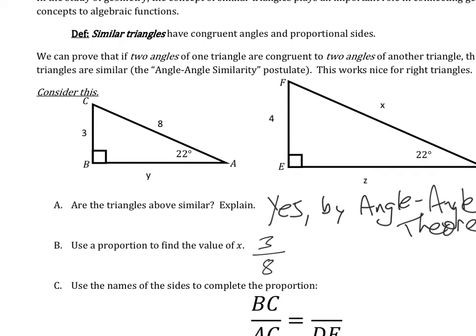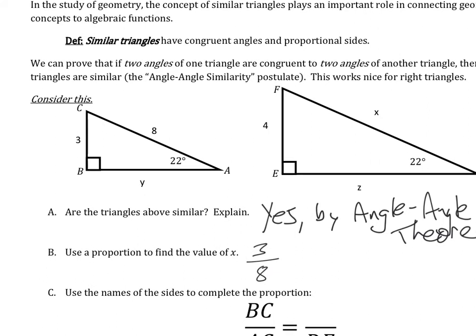That's the ratio of a leg and a hypotenuse. The 3 is the leg that's on the 90-degree angle, connected to the hypotenuse, so between the 90 and the unknown. So 4 is this one over here, so 3 corresponds to 4. So 4 has to go on top and x has to go on the bottom.